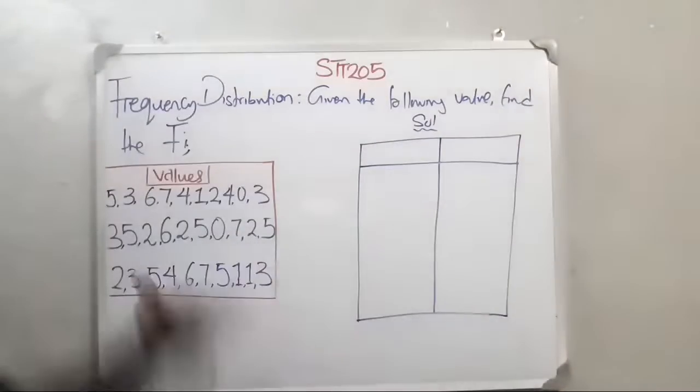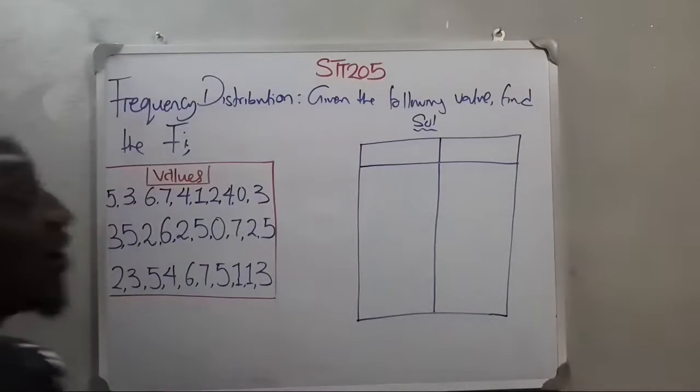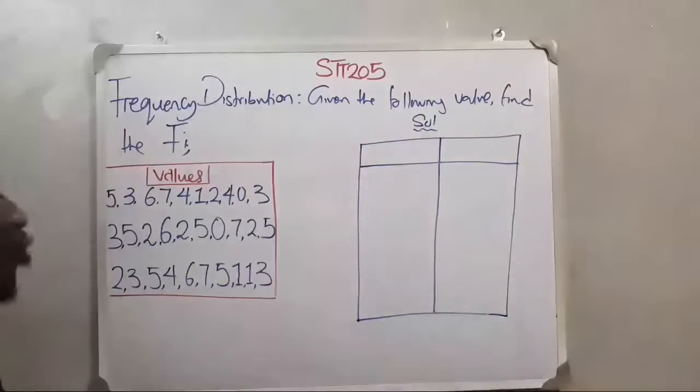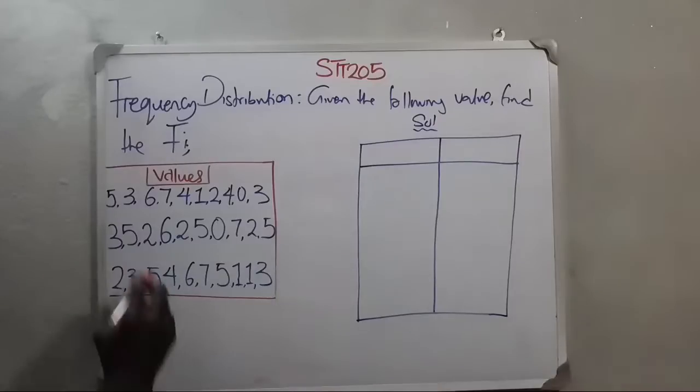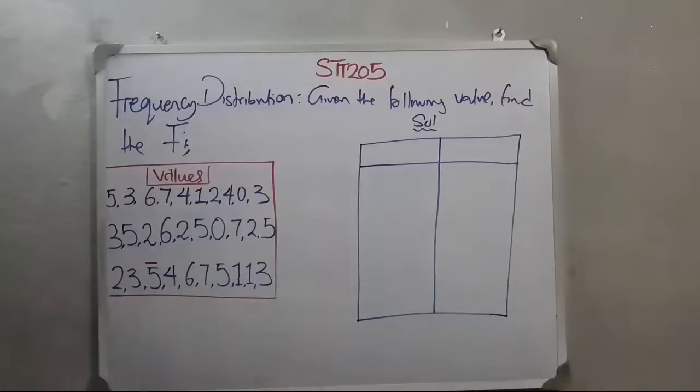They can list the values and say find the frequency distribution of just 5. When you are doing mathematics or statistics, you'll be allowed to have a plain sheet.